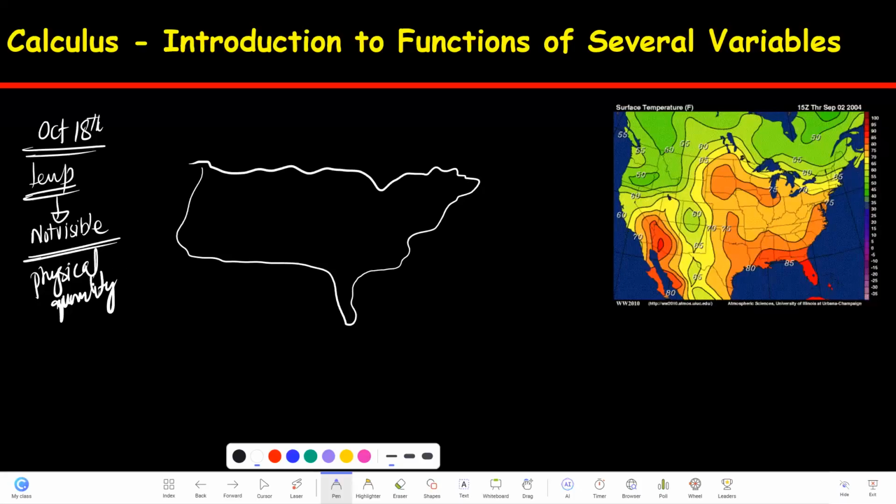What kind of physical quantity is temperature? Scalar. We only need value, we don't need direction. Somebody says here temperature is 50, maybe here it is 80, maybe here it is 40. I want to visually see those temperatures.